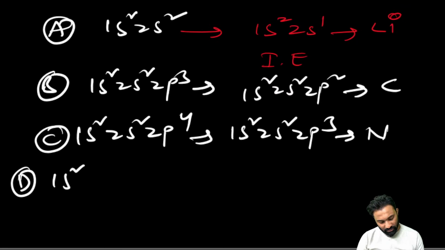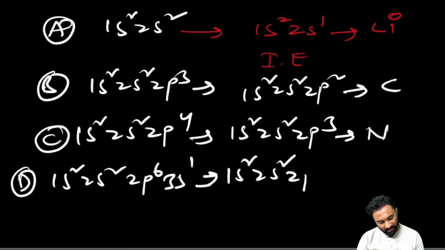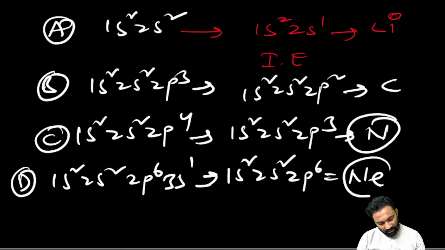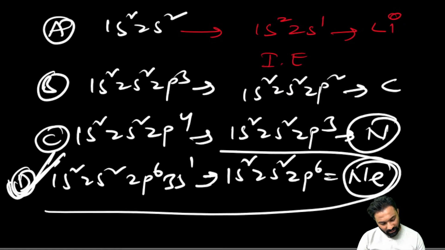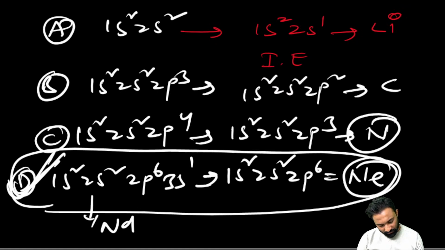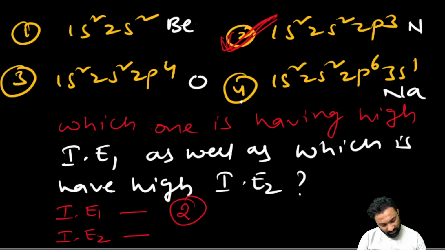D, 1s2, 2s2, 2p6, 3s1. If one electron is removed from this sodium configuration, it reaches the neon electronic configuration, 2p6. Among nitrogen and neon, neon has the higher stability. That neon configuration is from sodium, which is the fourth option.